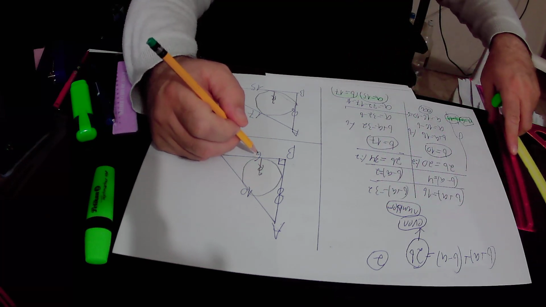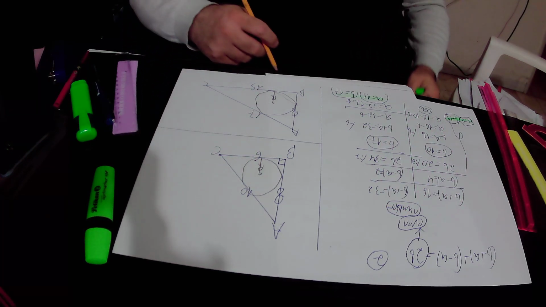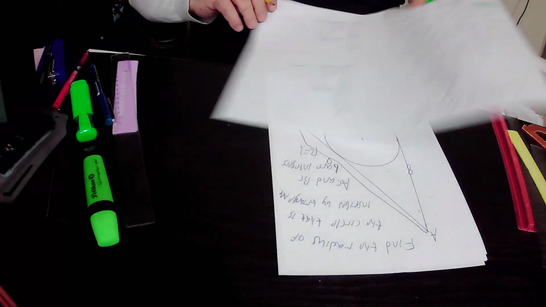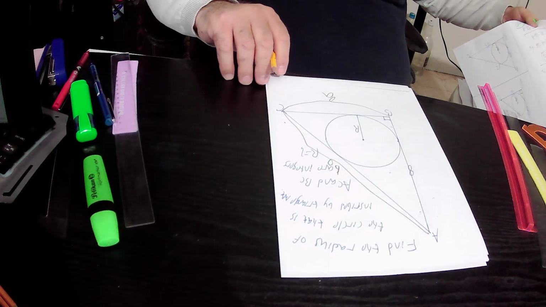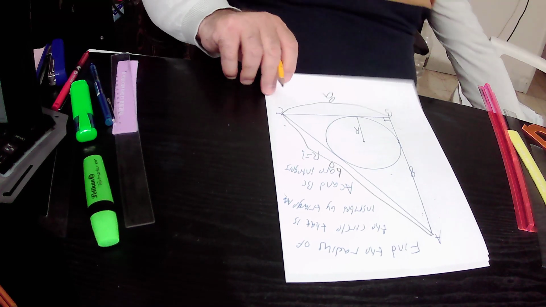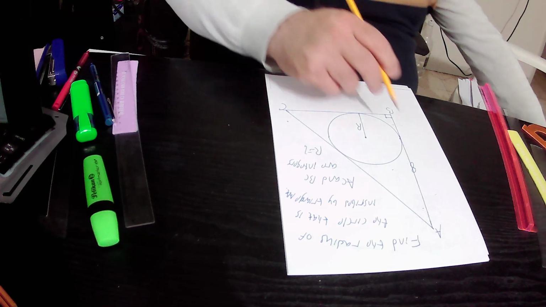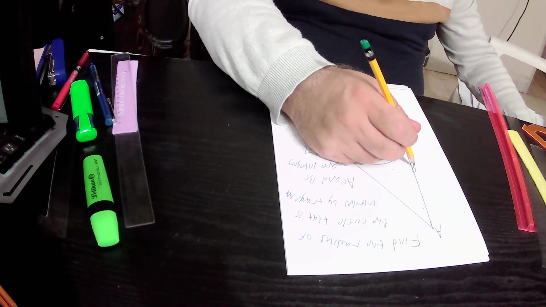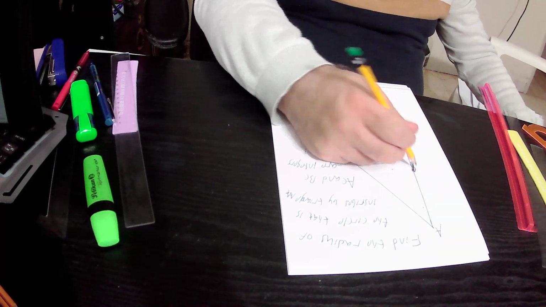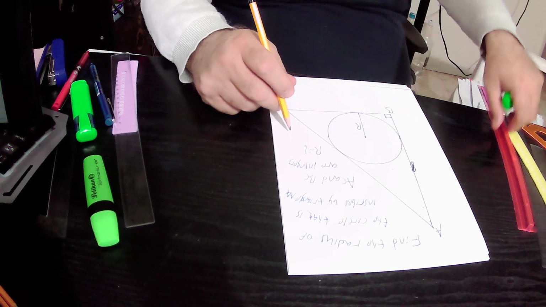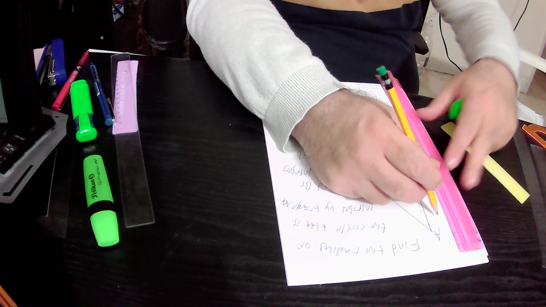Here we have, so actually if we have a right triangle, any right triangle, we know that the length of side AB equals a units.